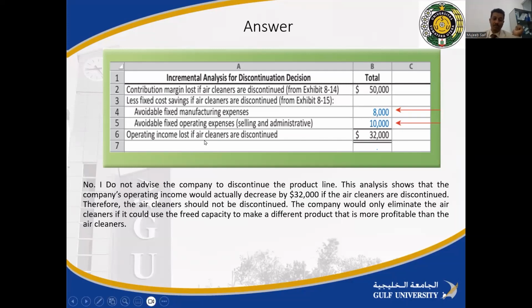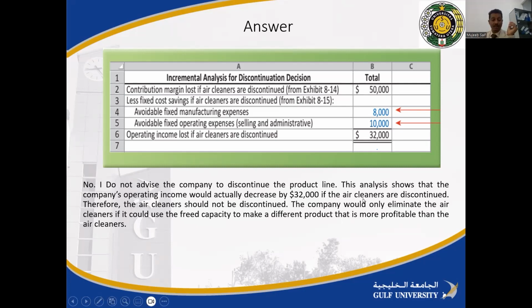So the operating income loss if we close air cleaners will be 32,000 instead of the current loss. So no, I don't want to discontinue this production line.